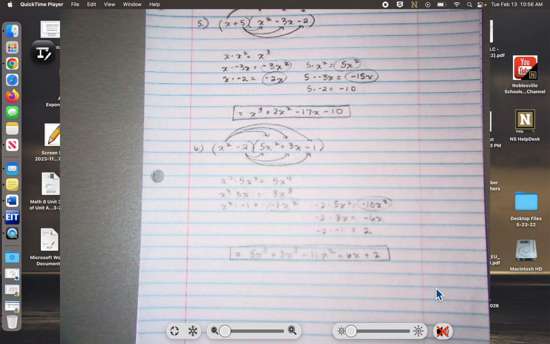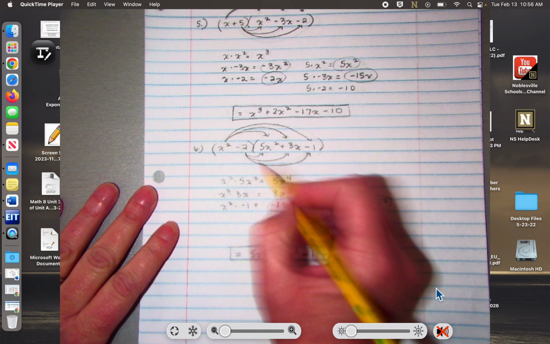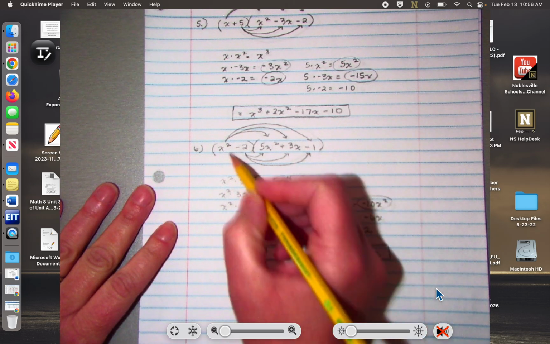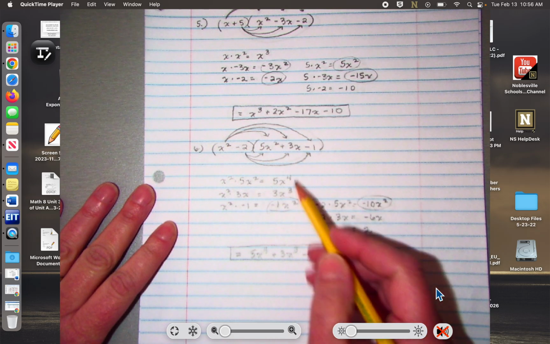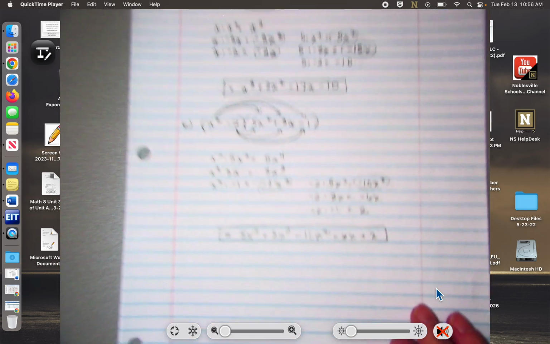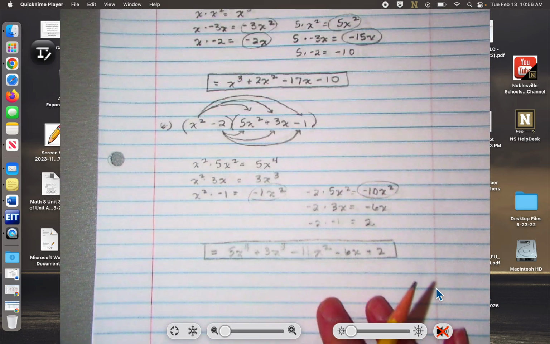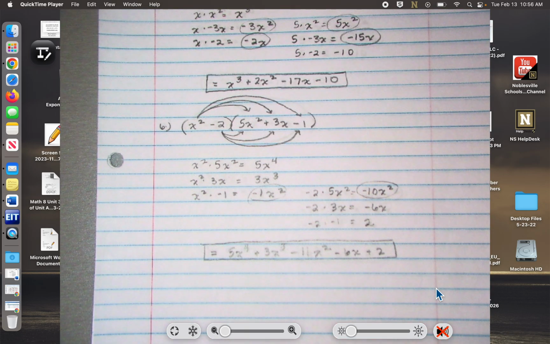Left off and we were multiplying a binomial, which is 2 terms, times a trinomial, 3 terms. We were using above arrows and below arrows, right? So we could keep track. And then we lined up what we had so that we could organize it where the like terms would be next to each other.